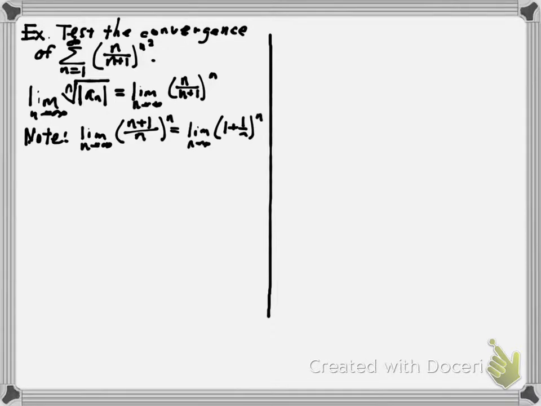And so what is this limit here? Well, this is a way of defining e. So the limit that we're actually interested in, the limit as n goes to infinity of (n over n plus 1) raised to the n power, is just the reciprocal of the result that I have just noted. So it is 1 over e, which of course is less than 1.